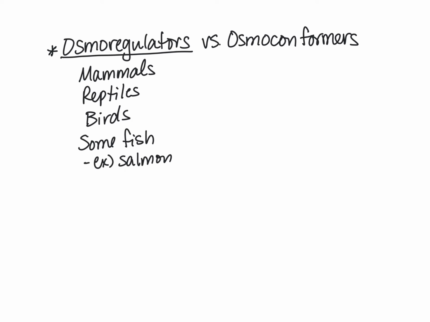Now, osmoconformers are not able to regulate the osmolarity of their body fluids. And so examples of osmoconformers include a lot of marine invertebrates, and many fishes.